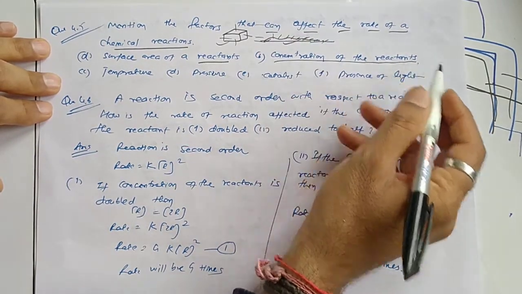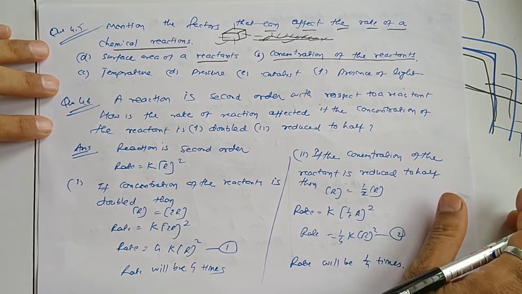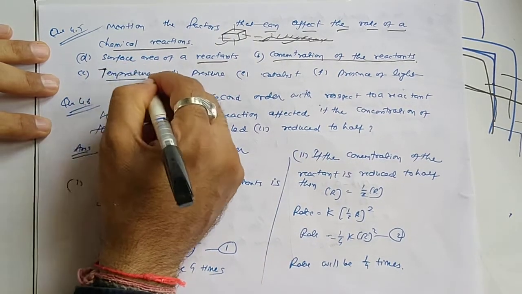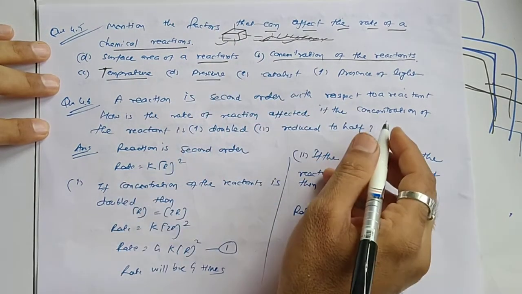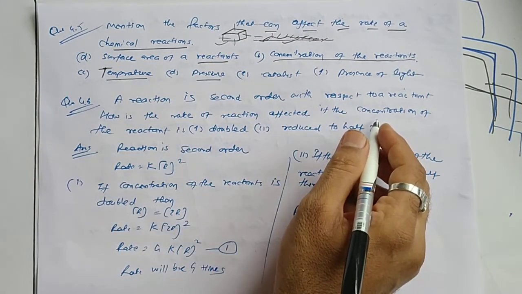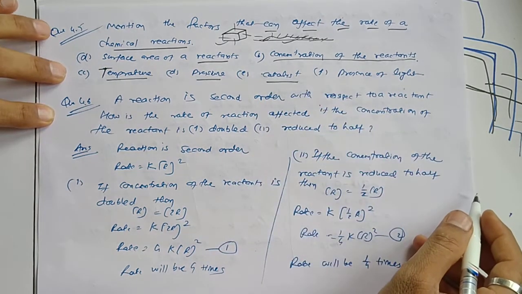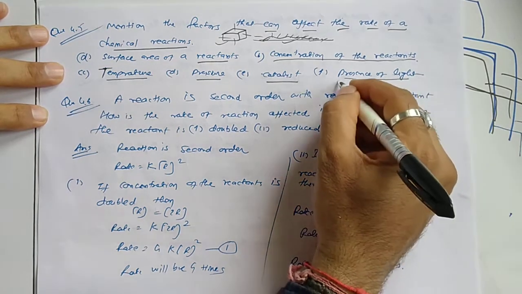Concentration of the reactant. When concentration is high, the rate of reaction will be high. When concentration is less, the rate of reaction is less. Temperature also affects the rate of reaction. If our reactant is in gaseous state, pressure also affects. Catalyst increases the rate of reaction. Presence of light, yes.